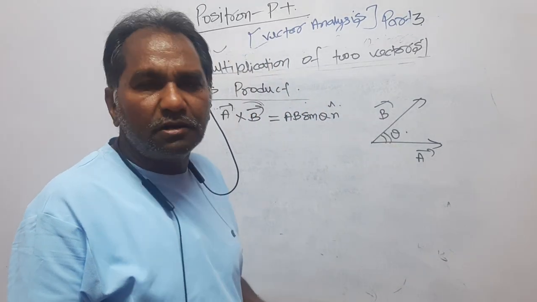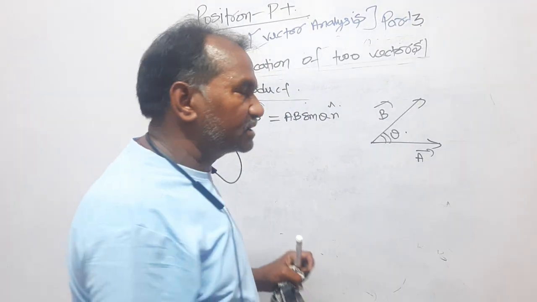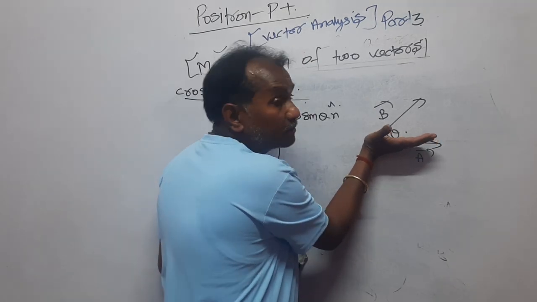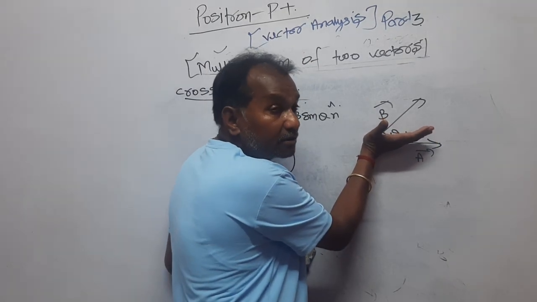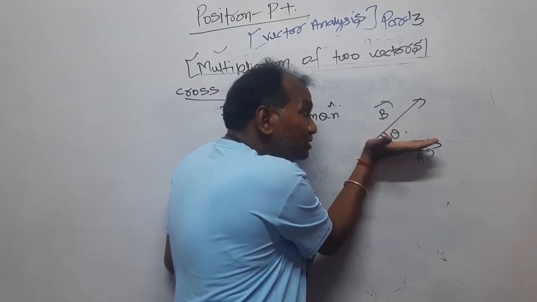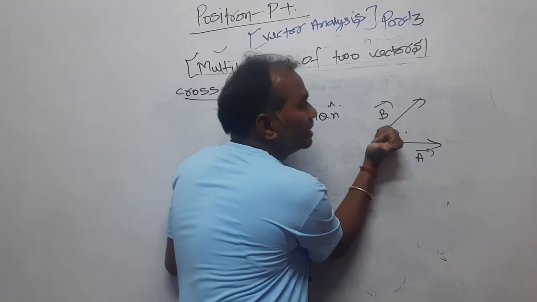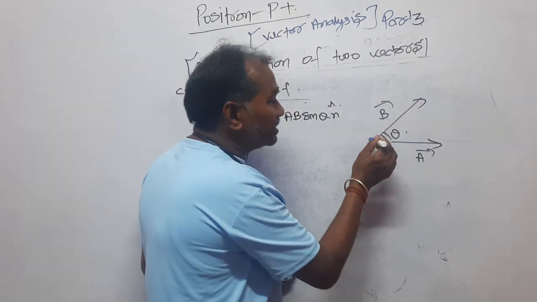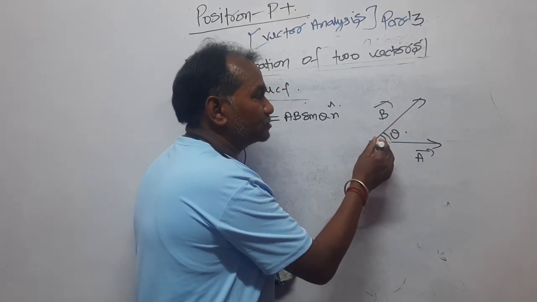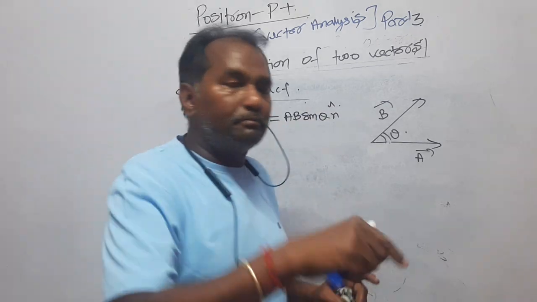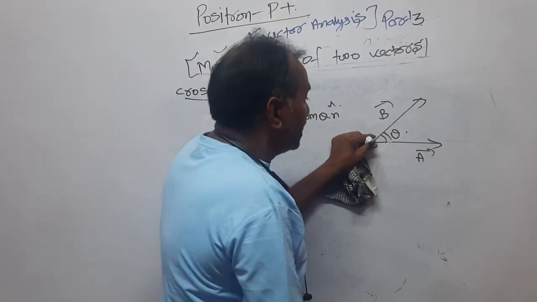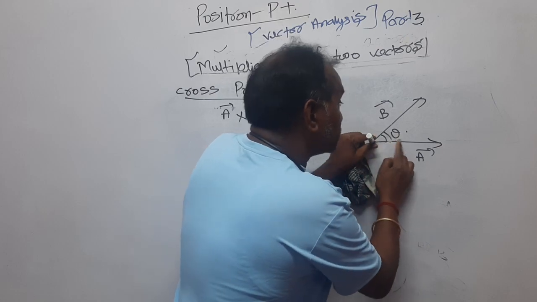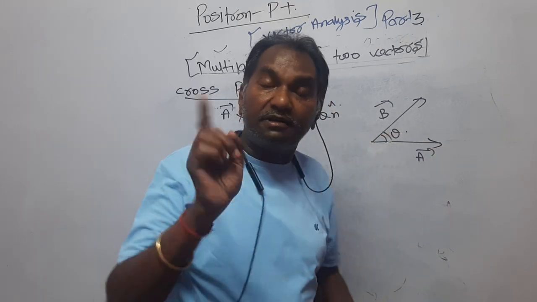If you want to find the direction of vector A cross vector B, put your fingers along vector A, then curl your fingers towards vector B. This thumb will represent the direction of A cross B, normally outward to the plane formed by A and B. This vector is perpendicular to vector A and perpendicular to vector B both.